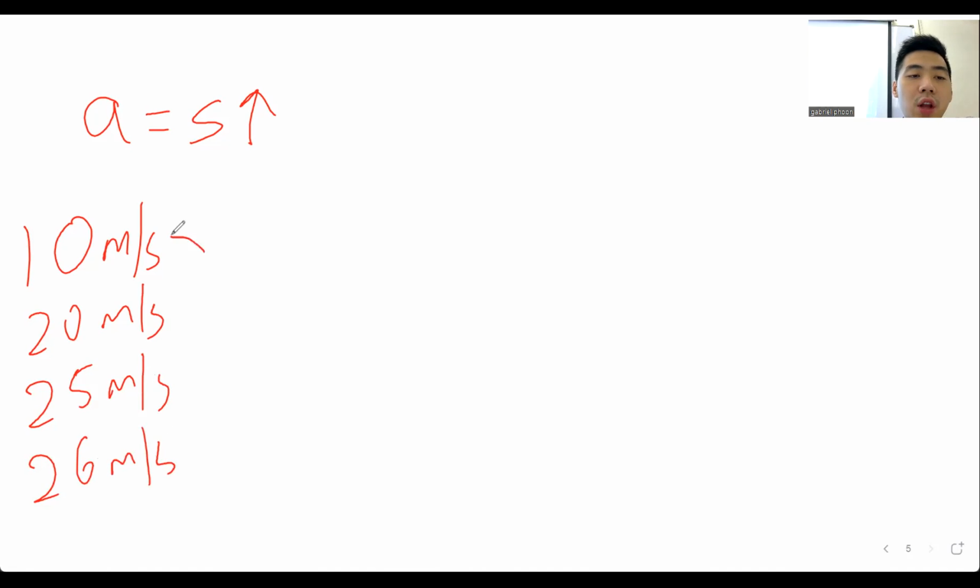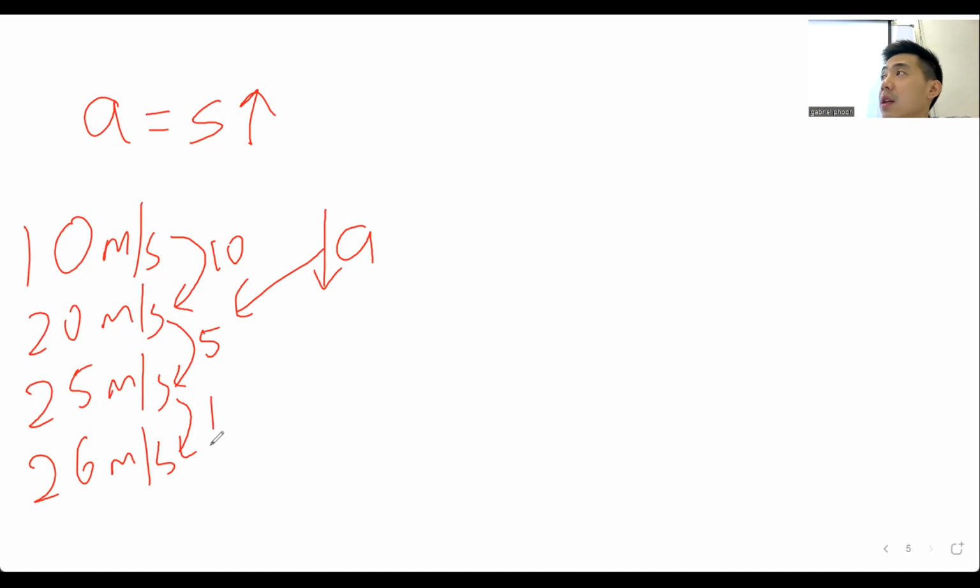You can see that each time the jump in speed is decreasing. This whole scenario is what we call decreasing acceleration. It is still increasing speed, it is still accelerating, but at a decreasing rate, from 10 to 5 to 1 obviously.